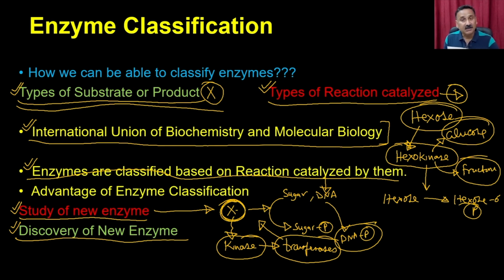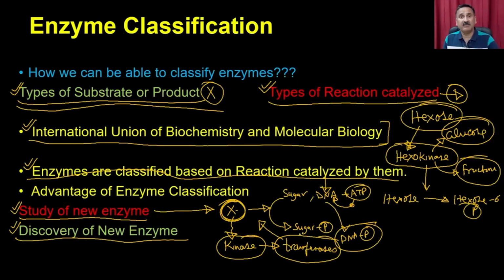If it is a transferase, it requires two substrates so that it can transfer a group from one substrate to another. For example, in this case, it is going to use ATP and transfer the phosphate from the ATP to the DNA, and that's how it forms the DNA phosphate.